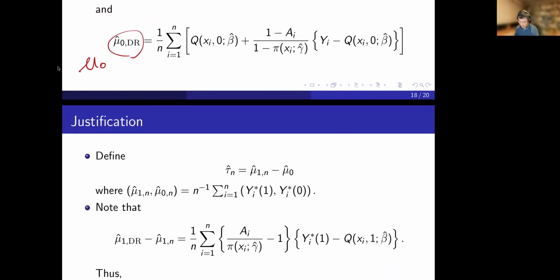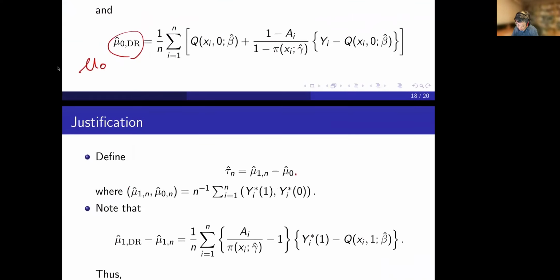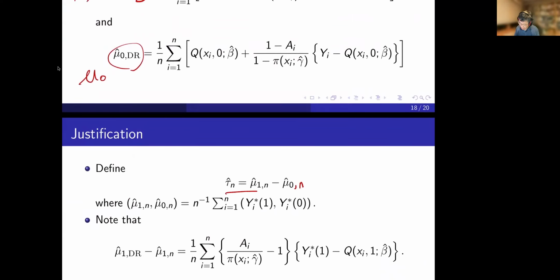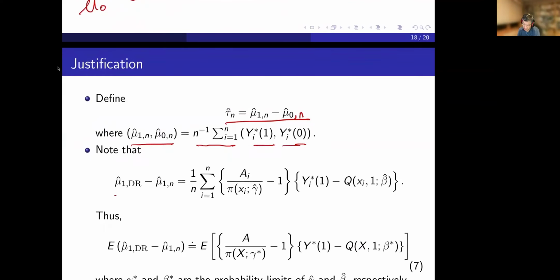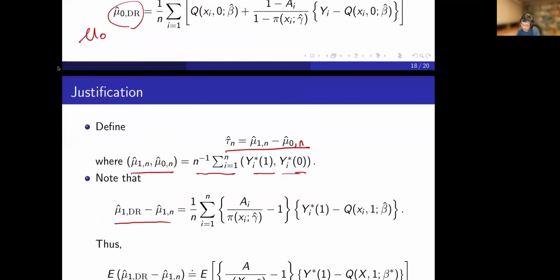To understand why, let's use this estimator. The subscript n means that you just assume that you observe the potential outcomes and compute the sample mean of them. Then if you write it out, this is just the sample mean of y_i star 1.